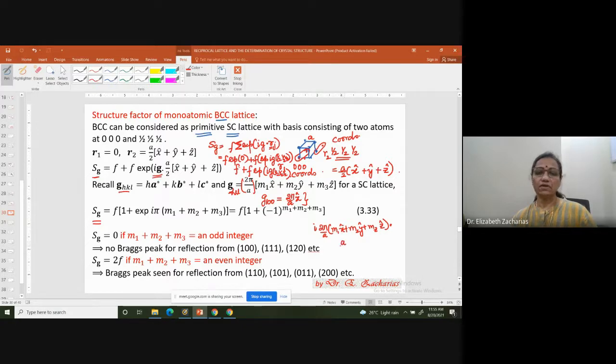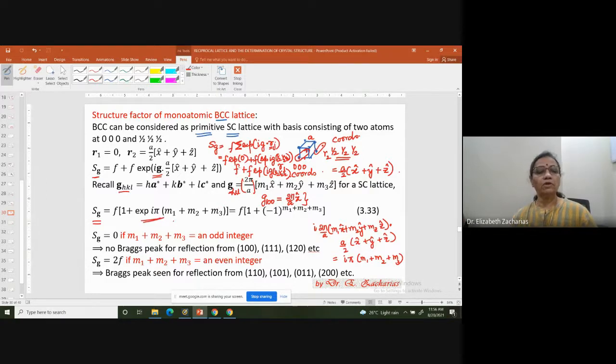R1 is A by 2 into x cap plus y cap plus z cap. So do the dot product. What will you get? A and A will get cancelled out. 2 and 2 will get cancelled out. You get I pi into M1 plus M2 plus M3. That's how you got this.